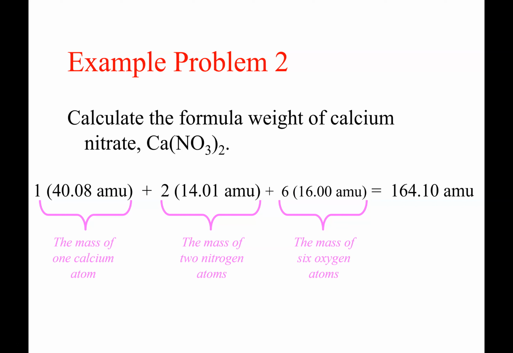And then the total, now this would be a formula weight, because it's an ionic compound, talking about the repeating unit of a formula unit. And so the formula weight would be 164.10 AMUs. So don't be caught off guard. If your calculator displays 164.1, you're going to outthink your calculator and know that actually I've got 2 decimals in those 3 terms.